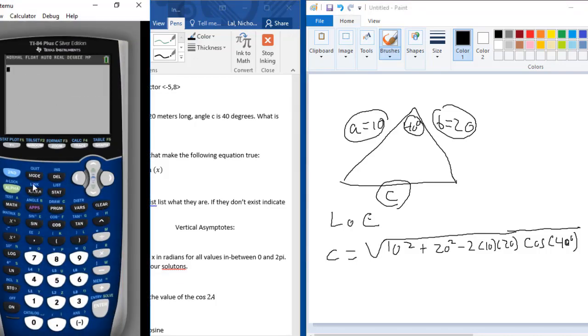So I can find the square root of 10 squared plus 20 squared minus 2 times 10 times 20 times the cosine of 40 degrees, and that's equal to 13.91, and so that's the length of side C. So C is equal to 13.91 meters.